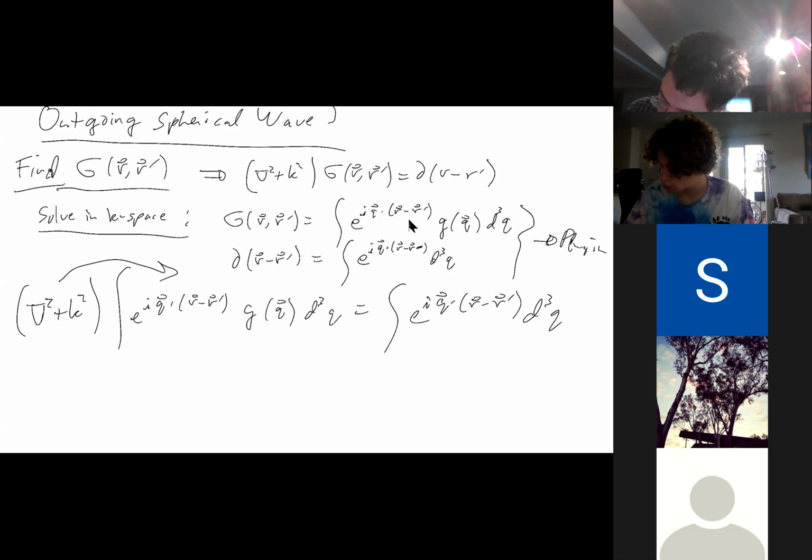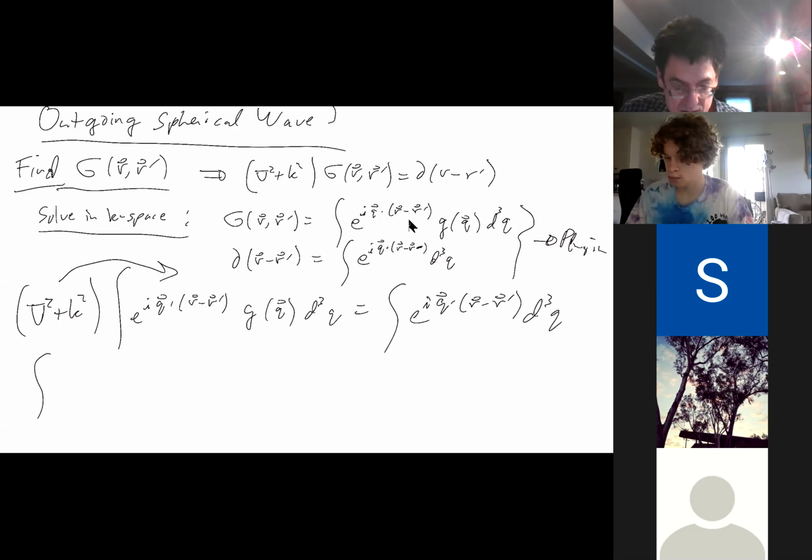When I bring it into the integral, what does the del squared turn into? This is the whole beauty of it. Minus i q squared. Exactly, which is going to become minus Q squared, sorry.